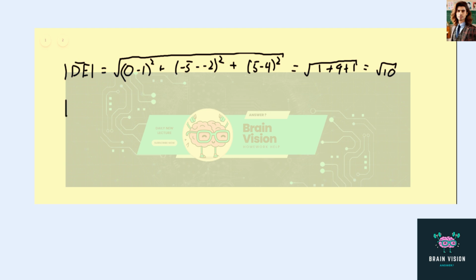All right, next one, DF. Zero minus 3 squared, just the difference of the x coordinates. -5 minus 4 squared. And then 5 minus 2 squared.